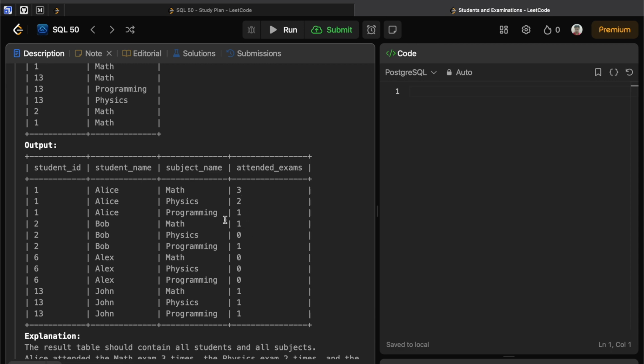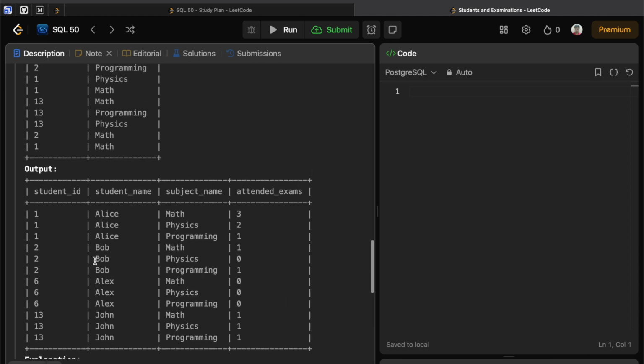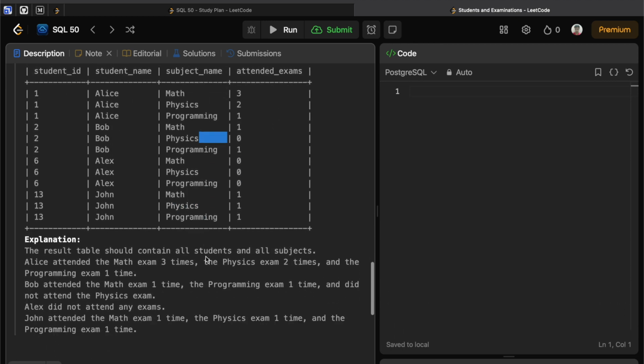So if there is no exam, you can't just omit that row. So here Bob attended 0 exams in physics, but we can't just not include this row. This row has to be included. And I guess this is where this problem becomes a little tricky, and it's worth discussing and solving it.